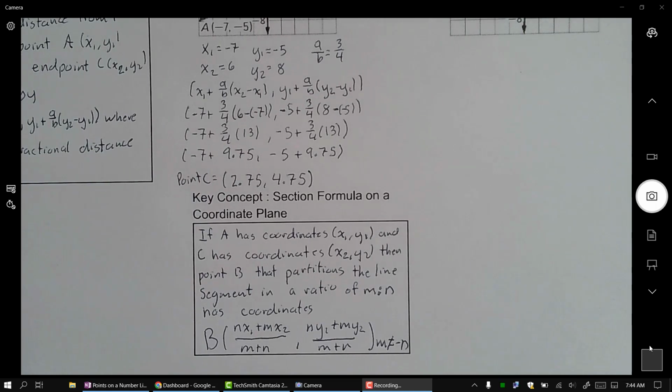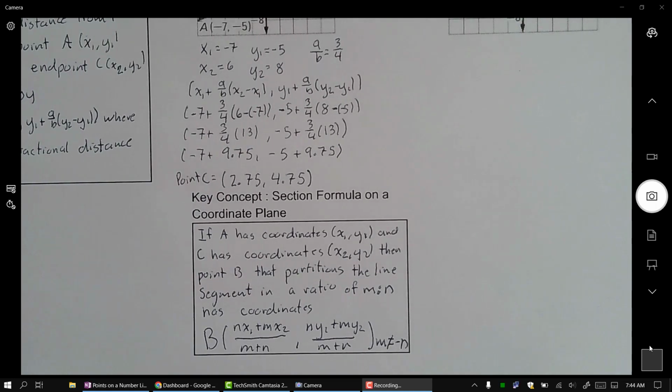We can't have a 0 in the bottom, because you cannot divide by 0.